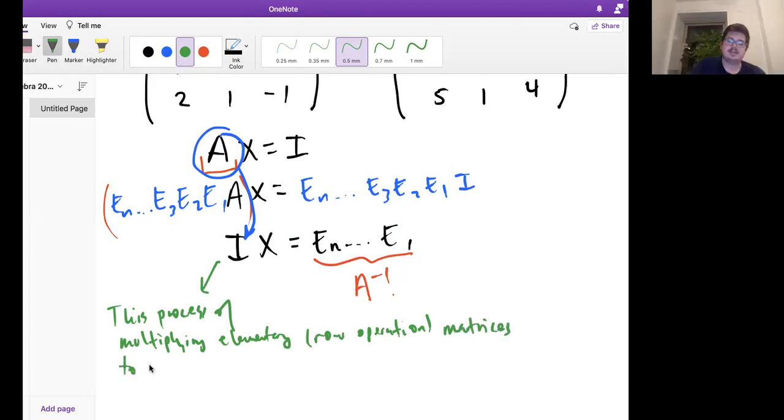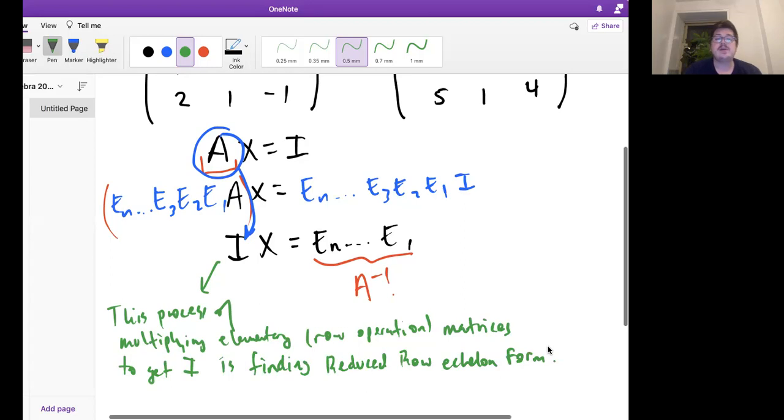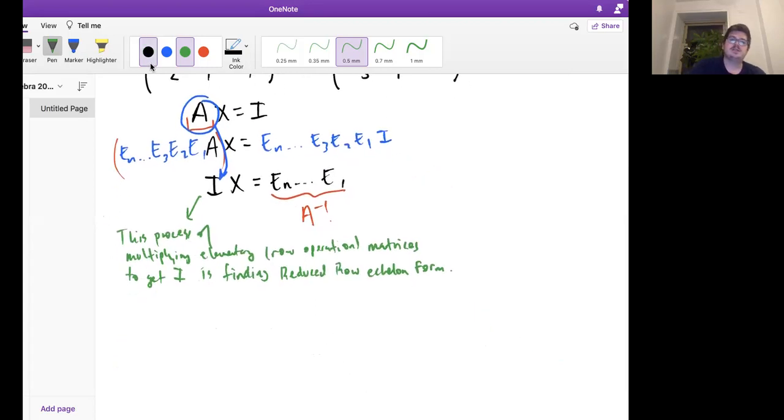To get the identity is just finding the reduced row echelon form. So knowing that, what we can do is translate this whole complicated matrix algebra into an augmented matrix.